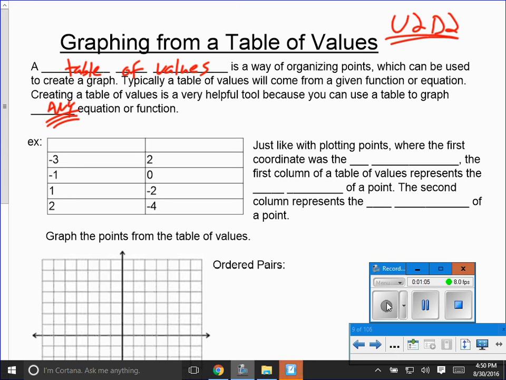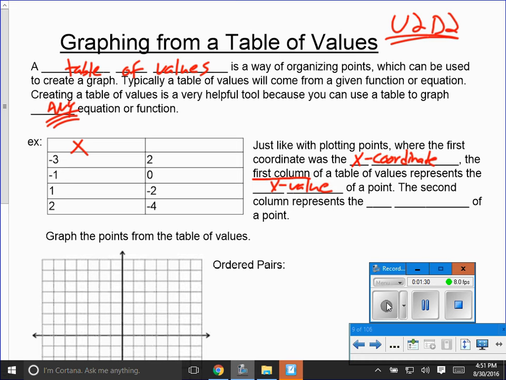Just like with plotting points, the first coordinate was the x-coordinate. Same idea with the table of values. The first column represents the x values of the point. So x value or x coordinate, we use those interchangeably.